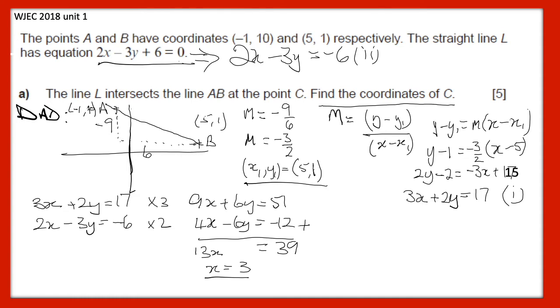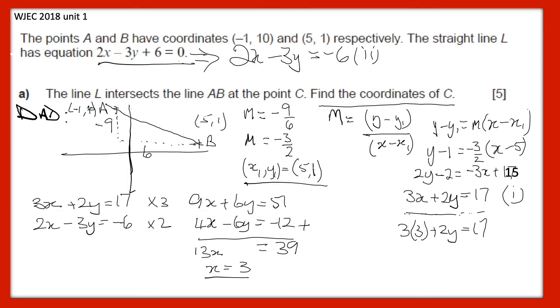So if x equals 3, then I'm going to choose to use this version of my straight line again. I've got 3 times 3 plus 2y is equal to 17.